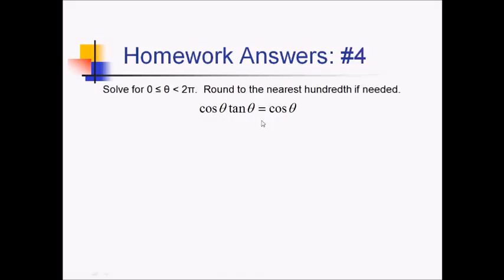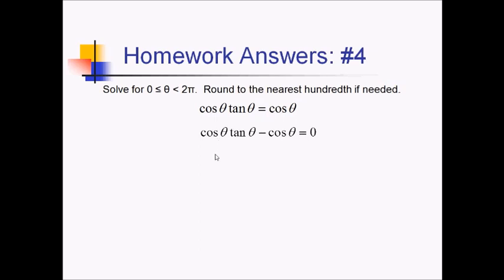For this problem, I need to solve this trig equation in radians. Now, since I've got 2 different types of trig functions, I'm just going to try to get everything over to one side and see if I can use factoring to sort of break these things apart. So let's start by subtracting cosine of theta. You can't divide by cosine of theta because it might have a value of 0. So subtracting and zeroing it out, I see that I have this common factor of cosine that I can factor out.